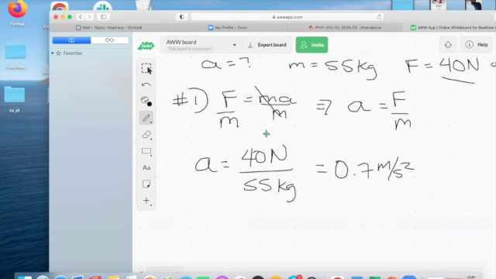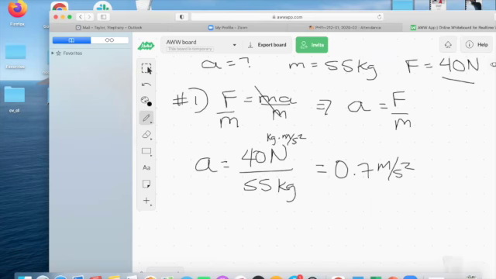Don't forget that a newton is mass times acceleration, so the kilograms in the numerator and the kilograms in the denominator will cancel out, and you're left with meters over second squared. Acceleration is the change in velocity over time. Velocity is meters per second, so acceleration is meters per second squared.